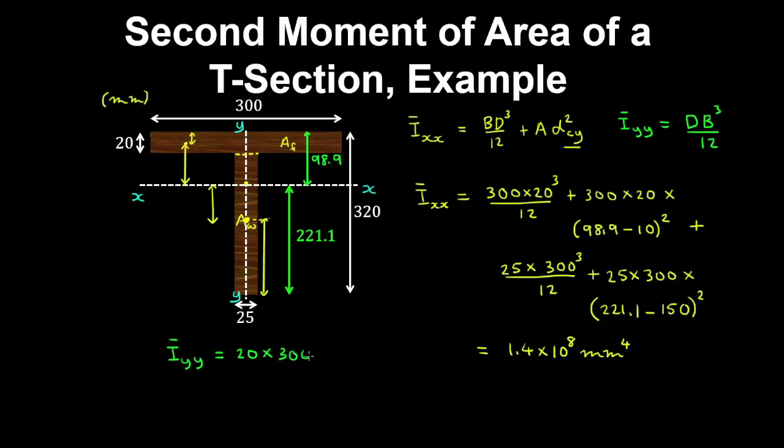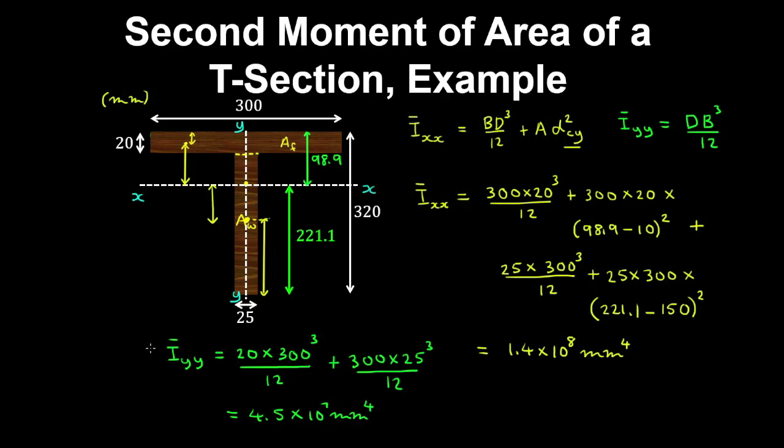That'll be 300 cubed on 12. And that's the contribution of the flange. Then plus the contribution of the web, which is 300 by the perpendicular dimension cubed on 12. So that gives 4.5 by 10 to the 7 millimeters to the 4.